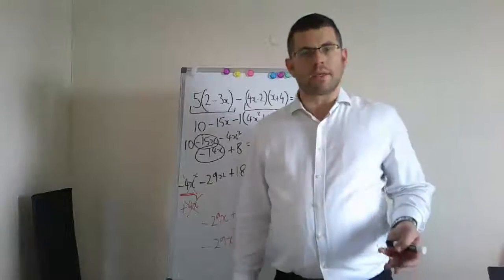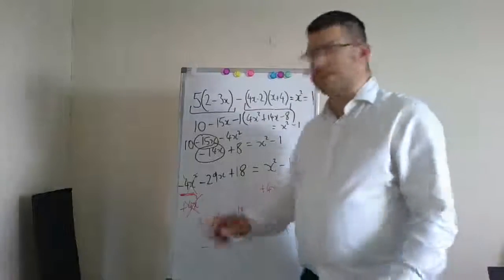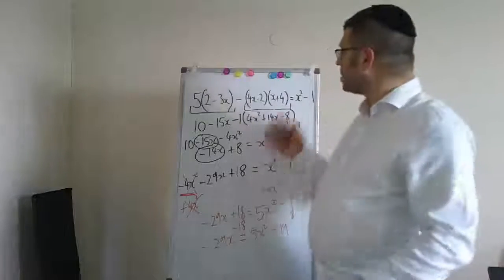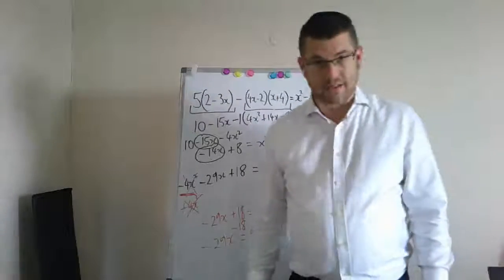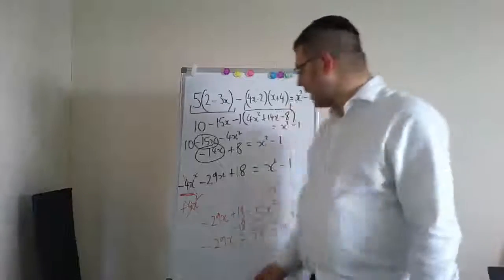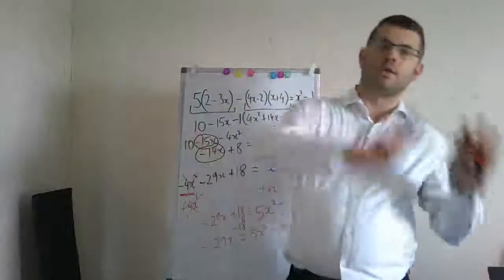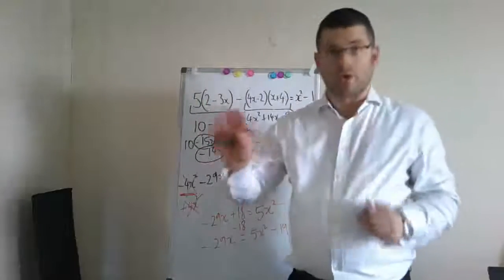The only problem is that we've got some stuff on the right-hand side and some stuff on the left-hand side. For questions like this involving quadratics, terms that have x squared in them, we call them a quadratic. We like to have all of the terms on one side and the 0 on the right-hand side. So just have 0 on one side.